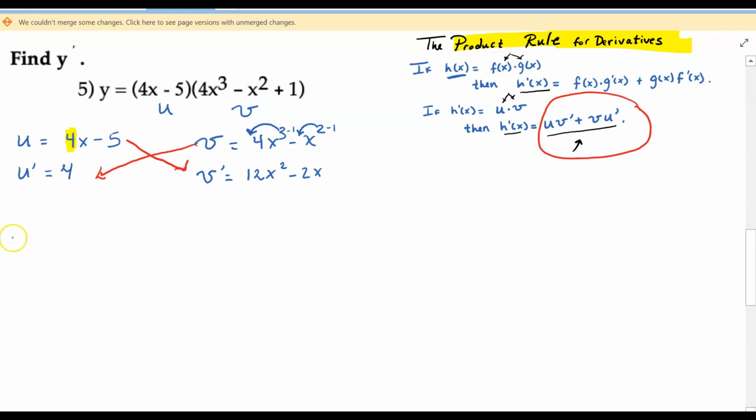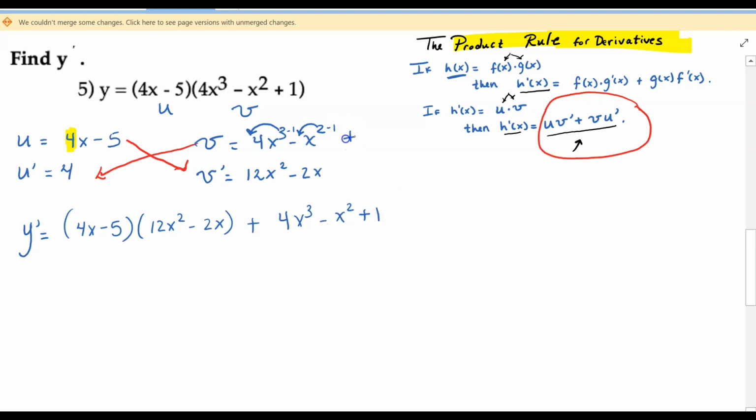So I'm going to write that out, and I'm going to say that y prime is going to be equal to 4x minus 5, because that's u, multiplied by v prime, which is 12x squared minus 2x, plus v u prime, which is 4x cubed minus x squared plus 1.